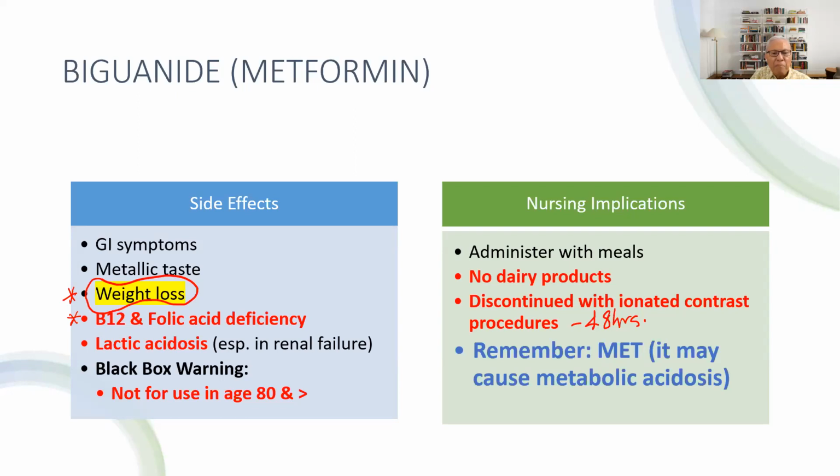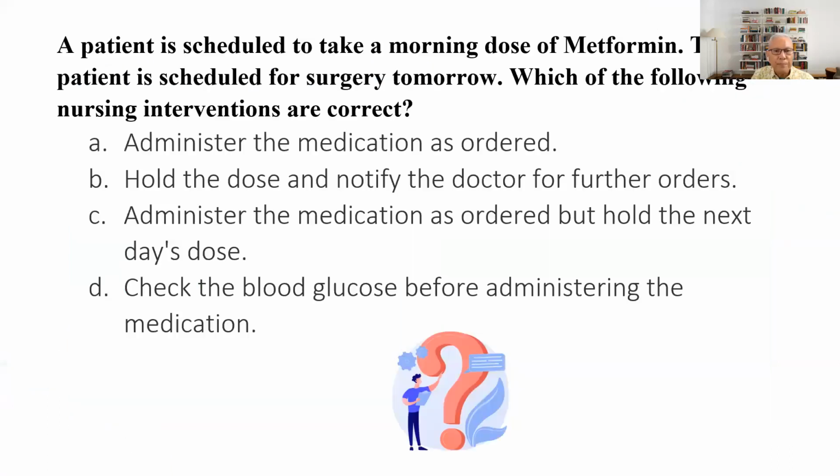And therefore, metformin may cause lactic acid buildup with impaired kidney function. So that's why the two are not recommended together. And lastly, remember that patients may need to take a B12 supplement if it is indicated, as B12 and folic acid deficiency are common in these patients.